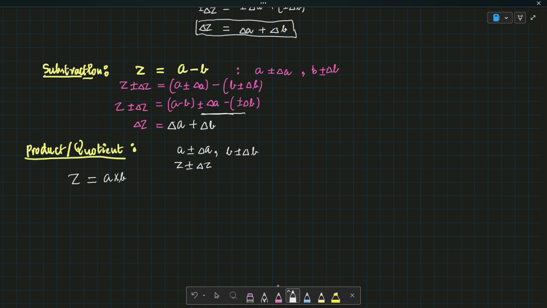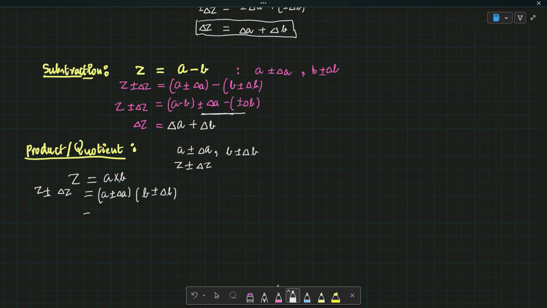So we'll write it here: Z plus minus delta Z, and we'll write (A plus minus delta A) multiplied by (B plus minus delta B).